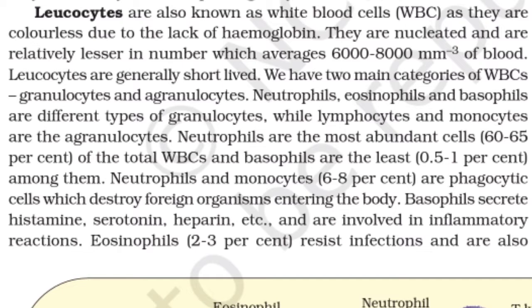We have two main categories of WBCs: granulocytes and agranulocytes. Neutrophils, eosinophils and basophils are different types of granulocytes, while lymphocytes and monocytes are the agranulocytes. Neutrophils are the most abundant cells (60 to 65%) of the total WBCs, and basophils are the least (0.5 to 1%) among them.